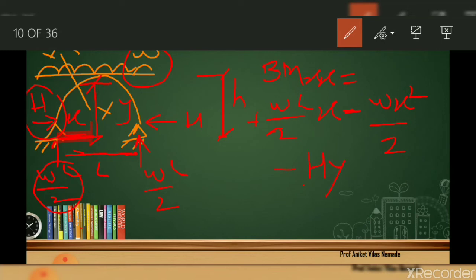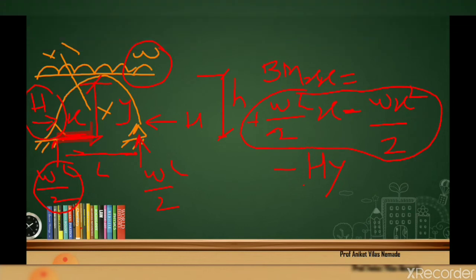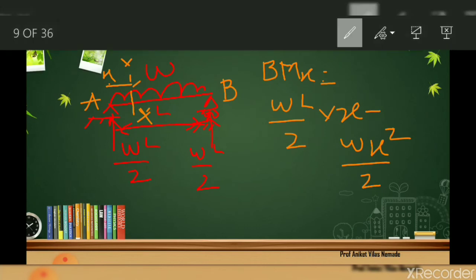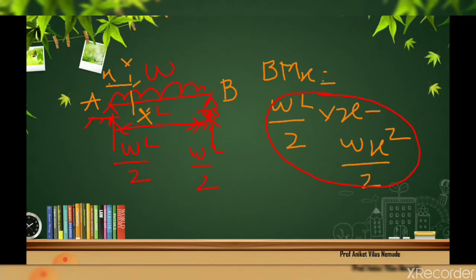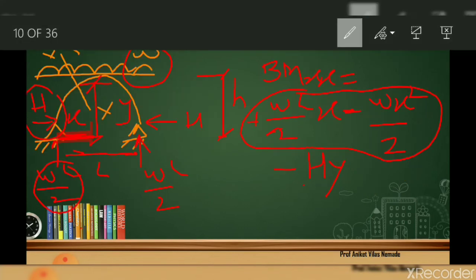If you see carefully, as you already saw in the previous bending moment equation, this term is nothing but the bending moment about XX in the simply supported beam. Can I say this is the simply supported beam bending moment? So the bending moment is the simply supported beam moment minus Hy. It clearly says that these lateral reactions are mandatory for being an arch.